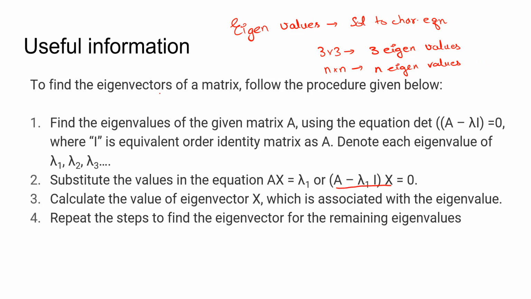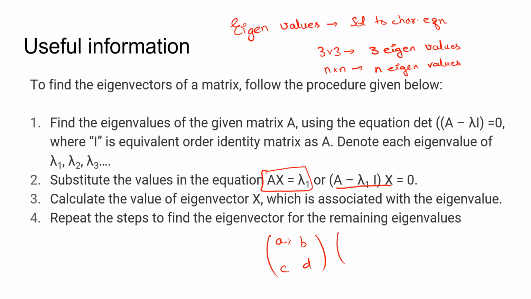So, to find the eigenvectors of a matrix, let us follow the procedure. First, we find the eigenvalues by solving the characteristic equation, and then substitute each eigenvalue in the equation Ax is equal to lambda x. Let us say we have a 2 cross 2 matrix A, B, C and D, and the eigenvalue is lambda 1.